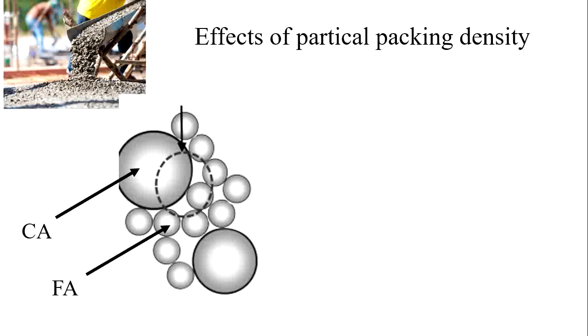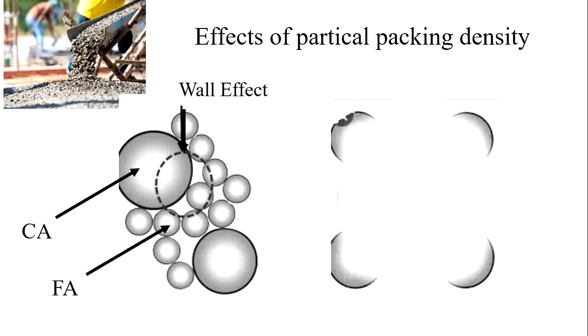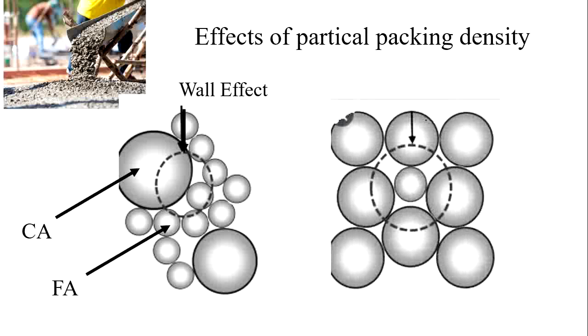So what happens in this is, there are disturbances in the fine aggregate due to the space it fills between the two coarse aggregates. So the disturbances are very small due to the availability of coarse aggregates. This effect is known as the wall effect. The next one is, in this figure the coarse aggregates are present at all the corners and a fine aggregate is present in between.